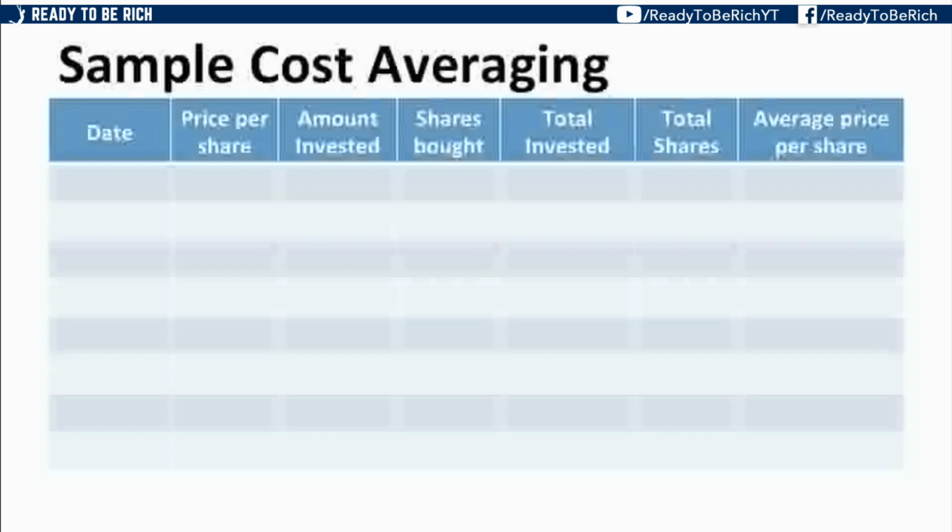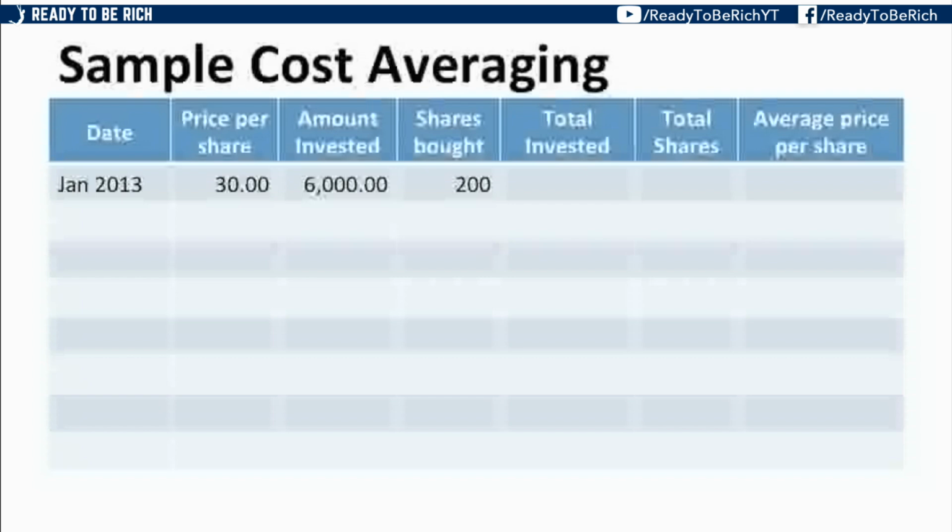No? So let's say that today is January 2013, then the price per share of a particular stock is 30 pesos per share. So we decided that we will invest 6,000 pesos regularly, I think every 3 months, for example, no? So with 6,000 pesos and 30 pesos per share, you can actually buy 200 shares.